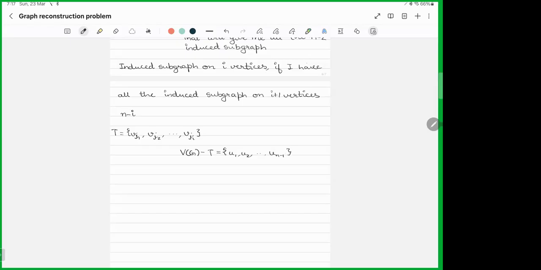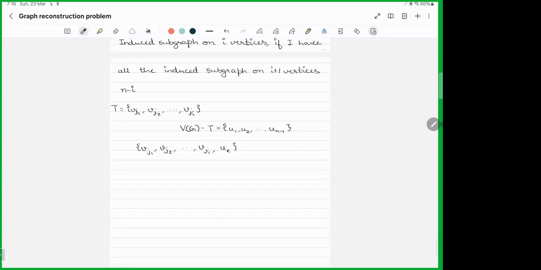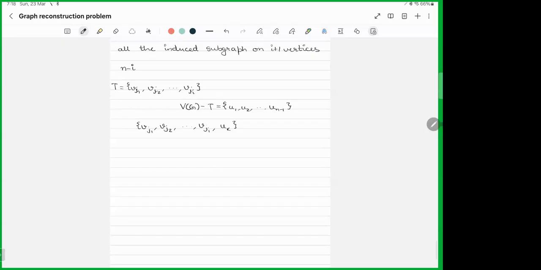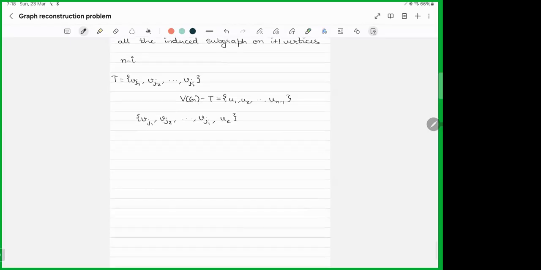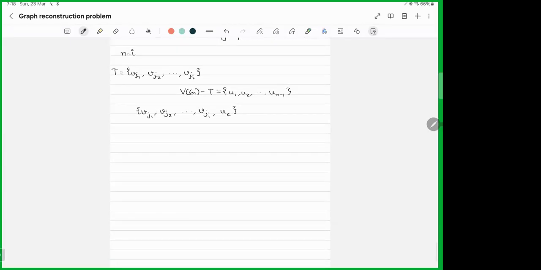So I will get this particular graph if the vertex set of the i plus 1 induced subgraph is vj1, vj2, dot, vji, and some uk. So I will get n minus 1 copies of each induced subgraph. That's why I'm taking n minus 1 induced subgraphs together and taking just one from them. So is this clear to everyone?